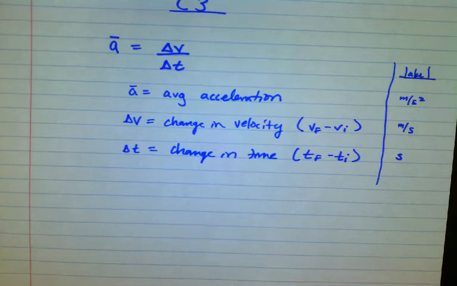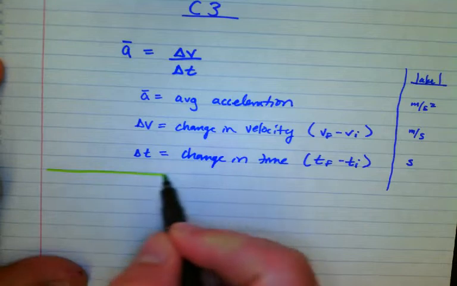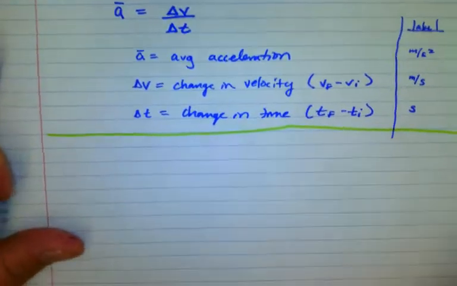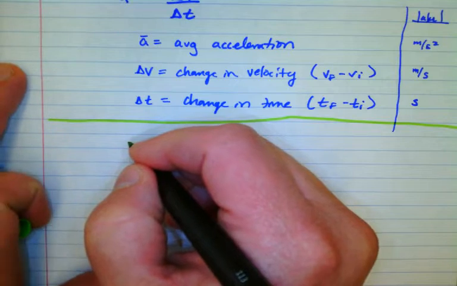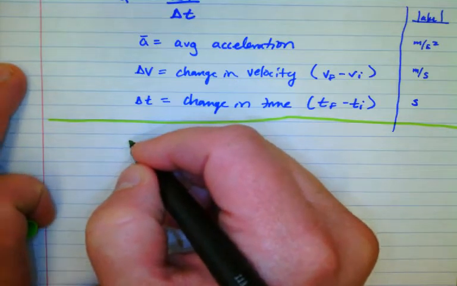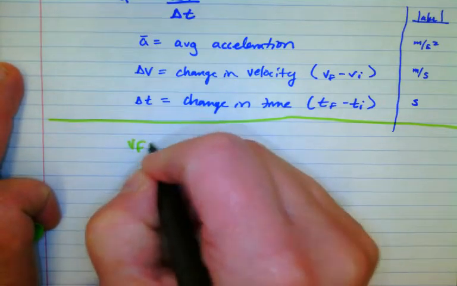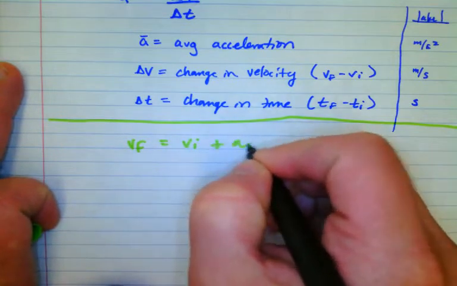Okay, our next equation is, I'm going to draw a line, can you see green very good? Okay, it is VF equals VI plus AT.